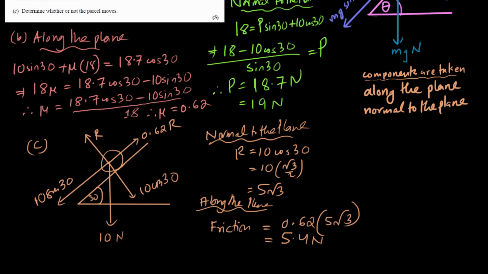The downward force is 10 sin 30, and sin 30 is half, so it is 5 Newton. The downward force is 5 Newton, and the maximum friction, mu R, is 5.4 Newton. That means the friction can support this object. So the object will not move.